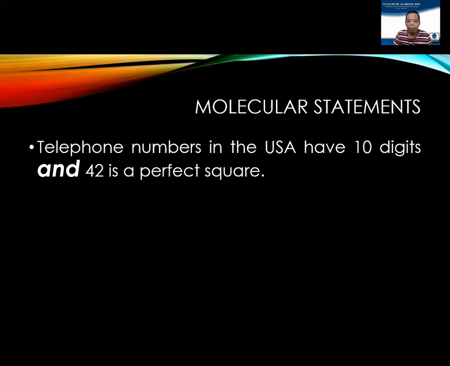For example, this is a molecular statement: telephone numbers in the USA have 10 digits, and 42 is a perfect square. So this is an example of two atomic statements from our previous example, which are combined using the logical connective and.